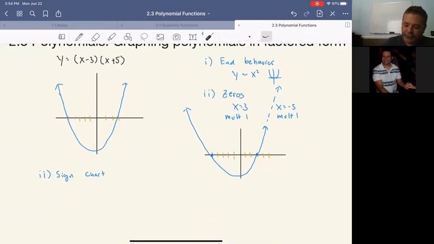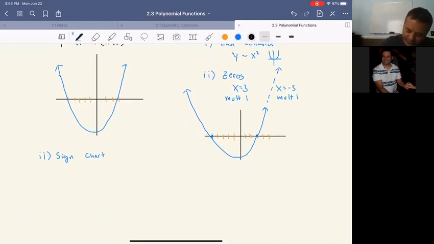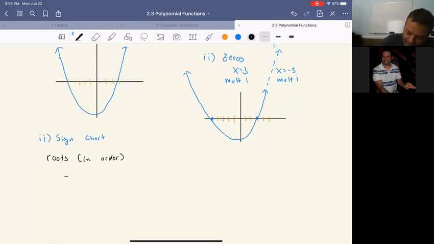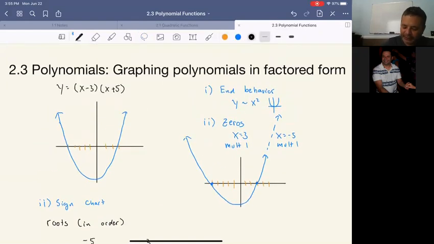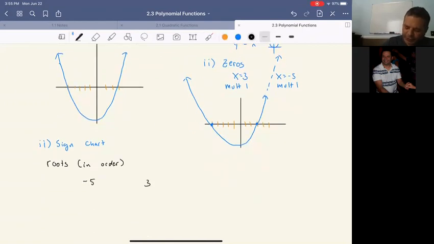I have two factors, x minus 3 and x plus 5, and I'm going to put the roots in order. My roots in order are -5 and 3. Then I'm going to put the factors along the left side. What are my factors? x minus 3, x plus 5. Those don't have to be in order.